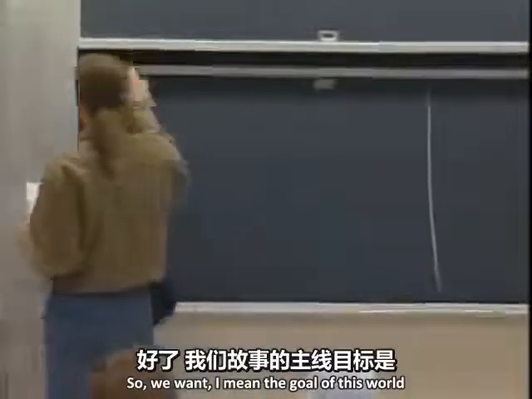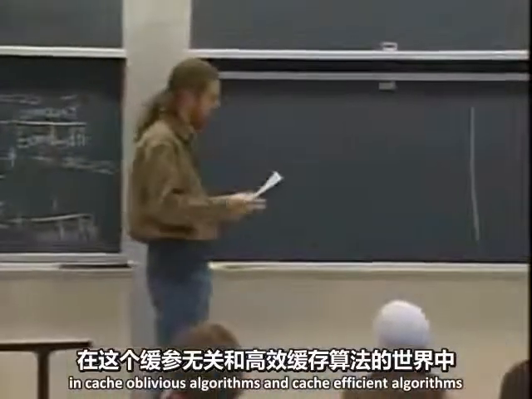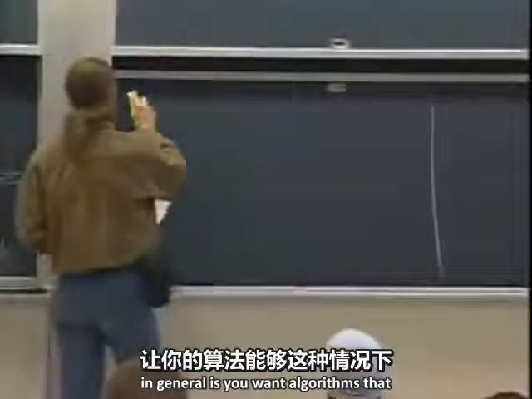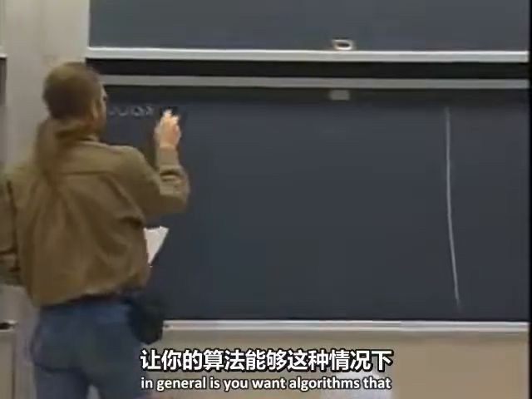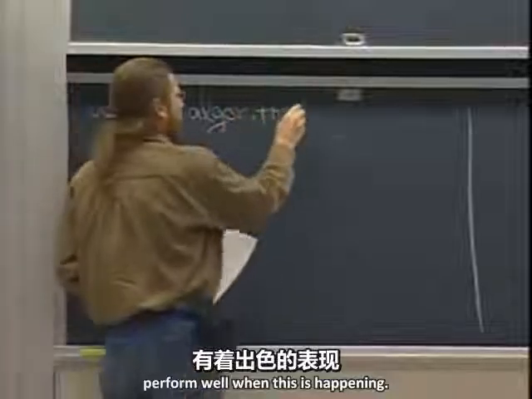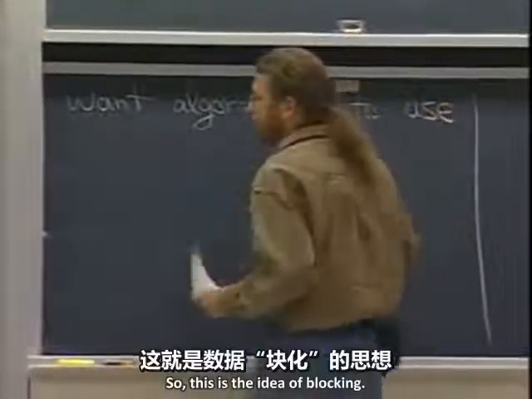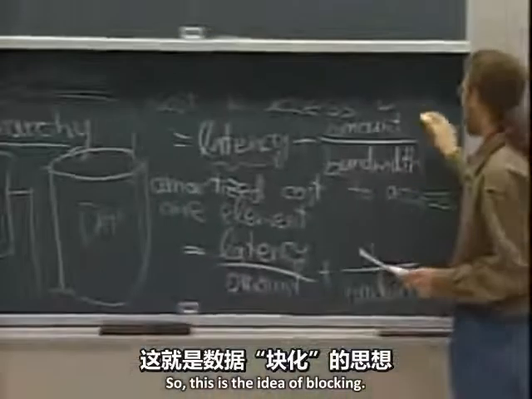So the goal of this world, of cache oblivious algorithms and cache efficient algorithms in general, is you want algorithms that perform well when this is happening. So when you read, this is the idea of blocking.